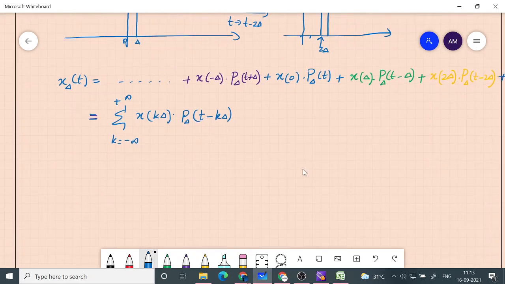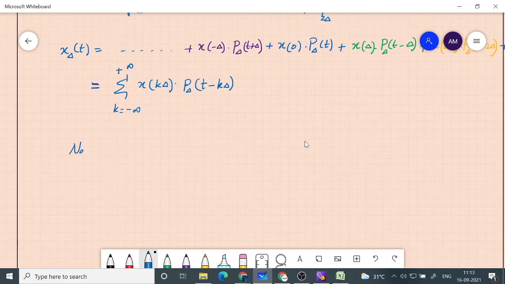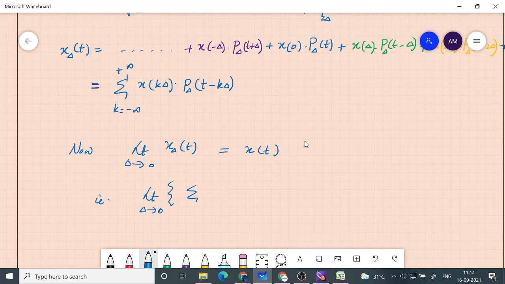Okay, so we will specify now limit delta tends to 0, x delta of t is equal to x of t. That is, limit delta tends to 0, what is inside: sigma k going from minus infinity to plus infinity x of k delta times p delta of t minus k delta.